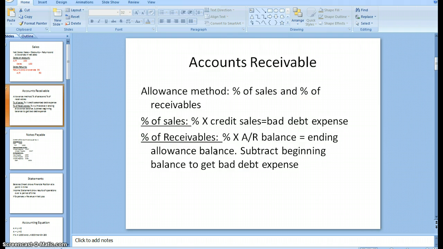And remember, you have the allowance for doubtful accounts, which is a contra asset account. And you have to take that ending allowance balance and subtract the beginning balance to get the bad debt expense. So you have to do a little bit more calculation to get the bad debt expense in the percent of receivables. You'll have to do both of these methods on the exam. So read the question carefully so that you know exactly what they're asking.